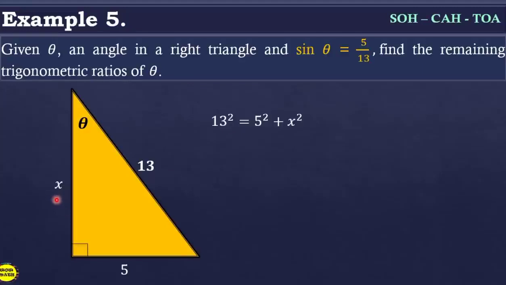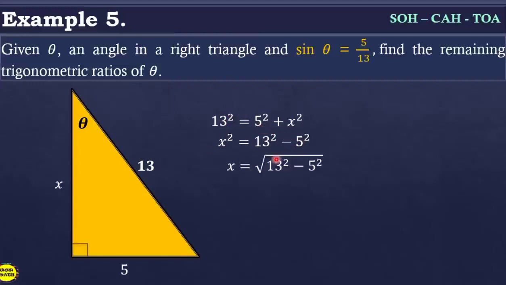So, what do we do first? To get this, use the Pythagorean theorem. This is your hypotenuse. So, 13 squared is equal to 5 squared plus x squared. For us to get the value of x, x squared is equal to 13 squared minus 5 squared.